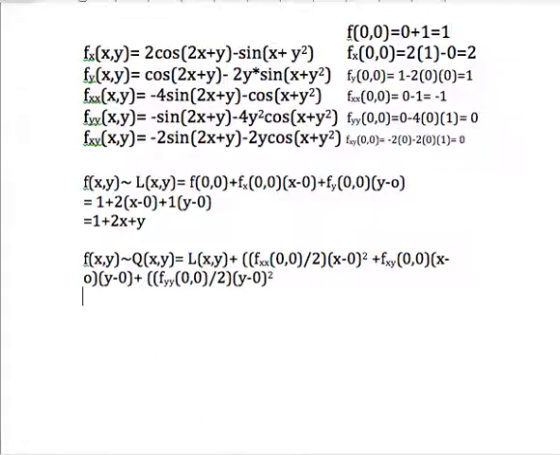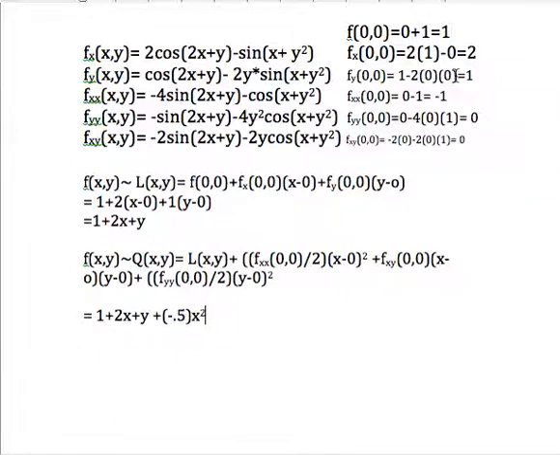Using what we know, L of x, y was 1 plus 2x plus y. F of xx is negative 1, so we're going to have negative 0.5, which is 1/2, x squared, because if we expand x minus 0 squared, we get x squared.